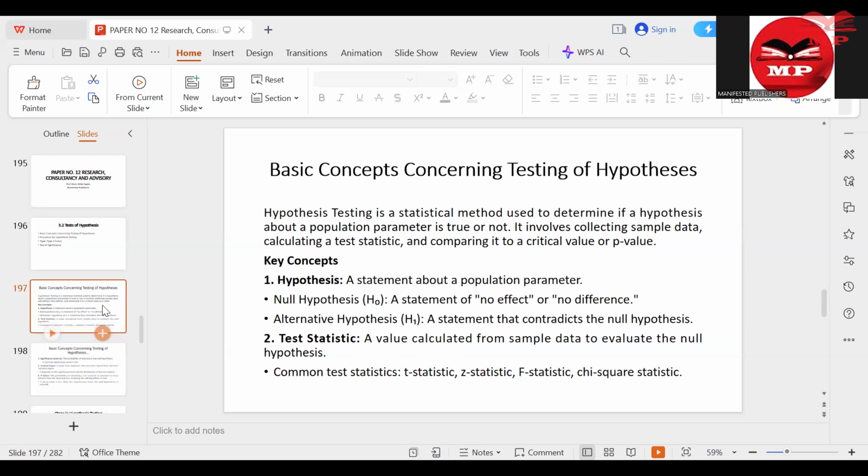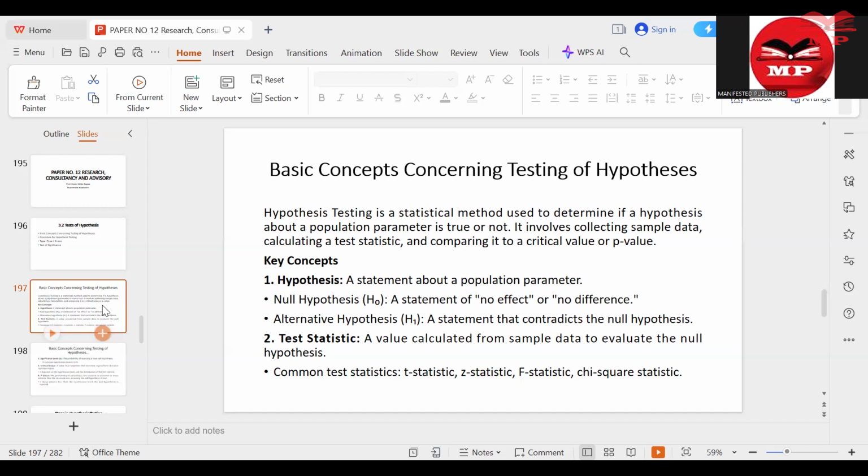So the null and the alternative will be talking about the same hypothesis, but from two different angles. The null one talks about no effect or no difference. The alternative talks about the contrary or contradicts the null hypothesis.